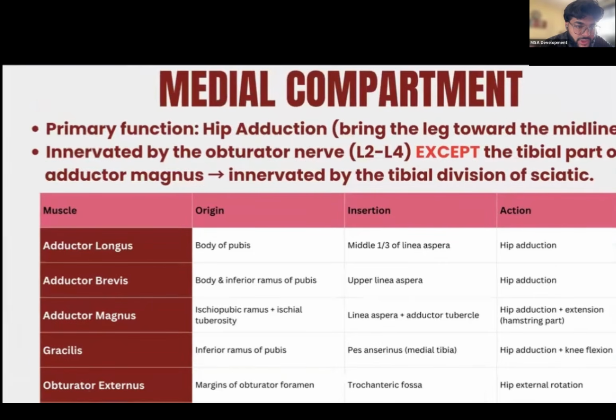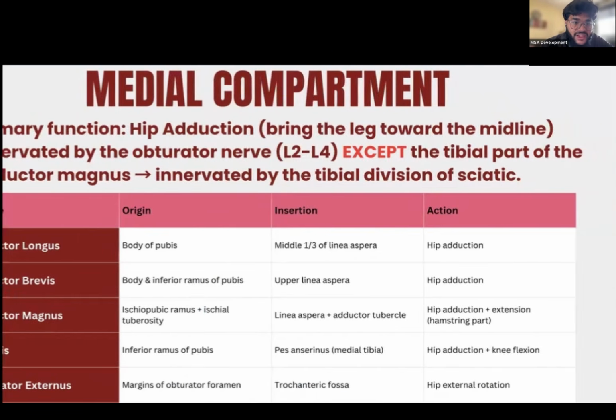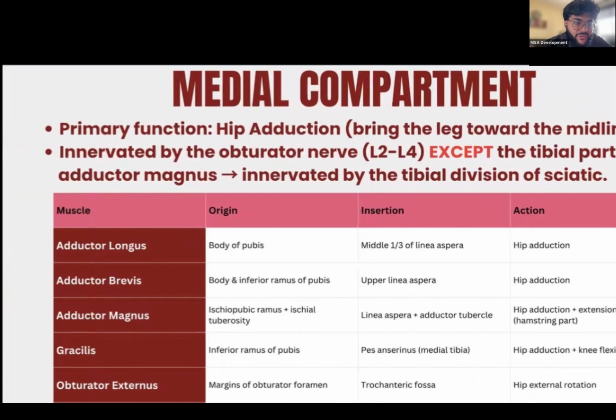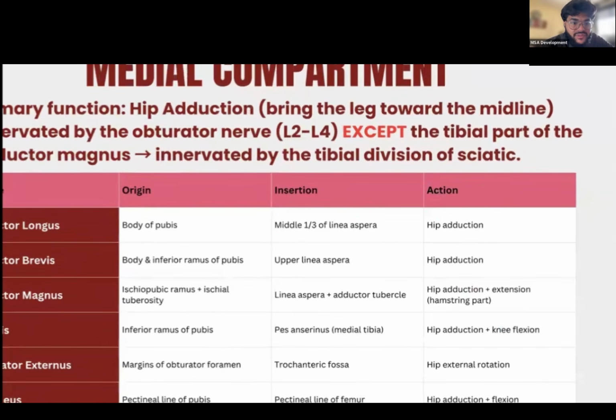Then you have the obturator externus. It comes from the margin of the obturator foramen, inserts into the trochanteric fossa, and its action is hip external rotation. Then you have your pectineus muscle, which comes from the pectineal line of the pubis, inserts into the pectineal line of the femur, and its function is hip adduction and flexion.